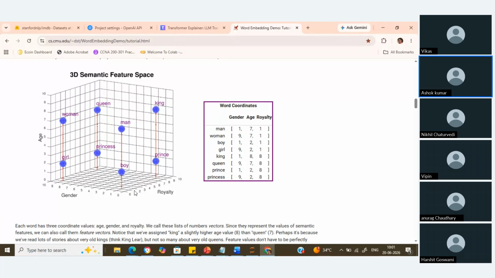This is the royalty axis, and over here the information is 1, and this is the age axis basically. So in this particular way, after adding one more dimension, the royalty dimension, these are the values.